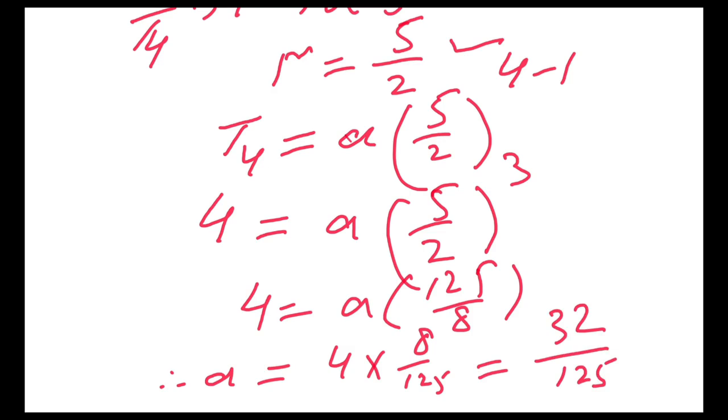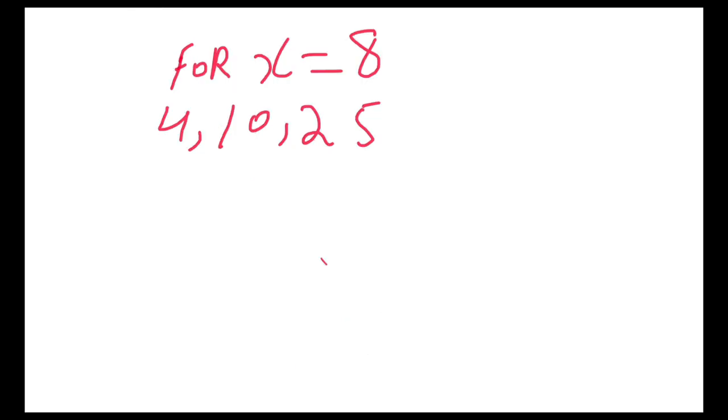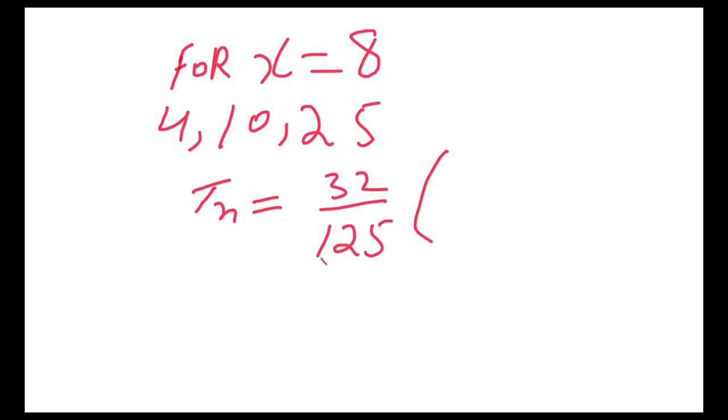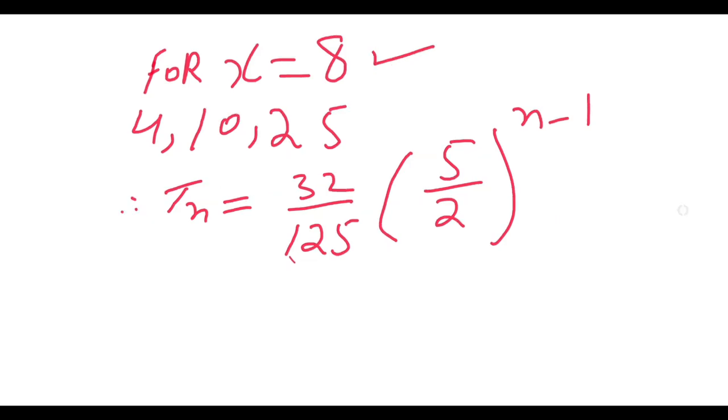So I got the a now. Therefore the general term is Tn equal to a, which is now 32 over 125, and the ratio we got 5 over 2 to the power n minus 1. This is the general term. The general term is Tn equal to 32 over 125 multiplied by 5 over 2 to the power n minus 1 when x is equal to 8.